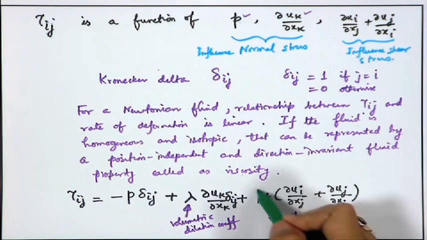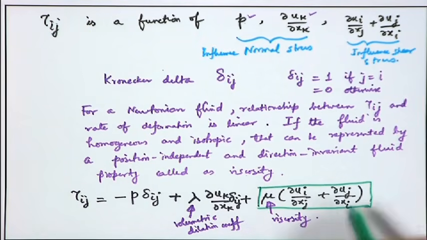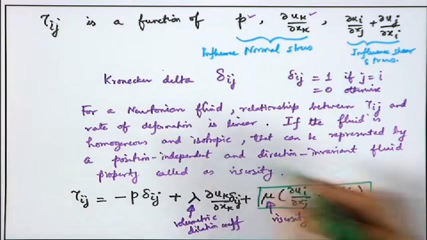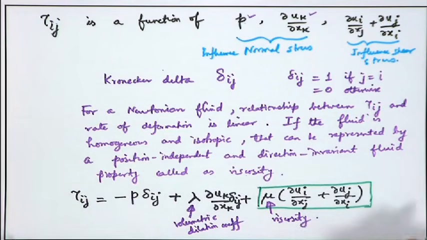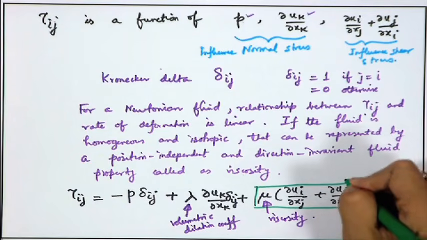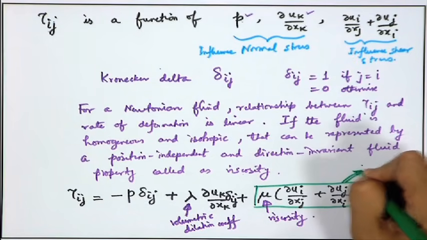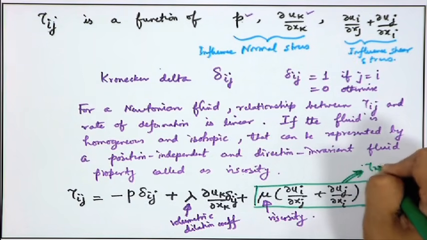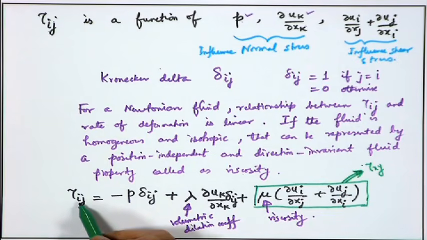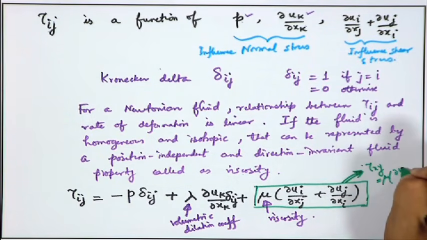Then tau equal to mu du dy, when we say we are considering only this portion. If you write this part, this will imply that tau xy, using xy notation with i equal to x and j equal to y, is equal to mu times del u del y plus del v del x.